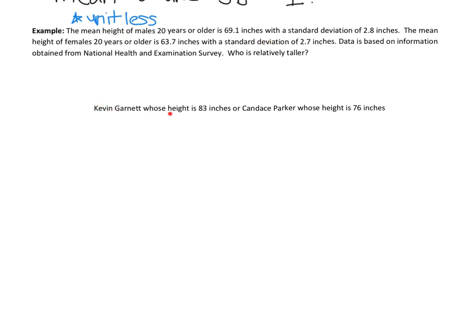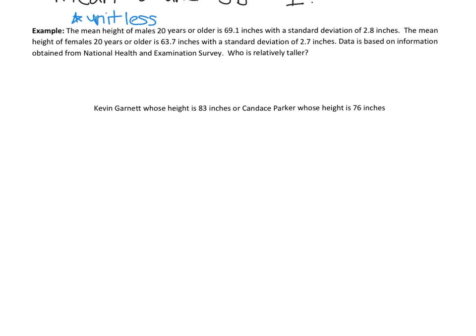Is it Kevin Garnett, whose height is 83 inches, or Candace Parker, whose height is 76 inches? Kevin Garnett is definitely taller, but we want to know who is relatively taller, who is more above average. They're both basketball players, so they're both very tall.